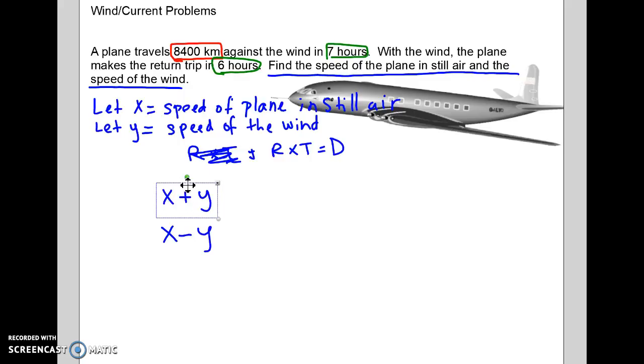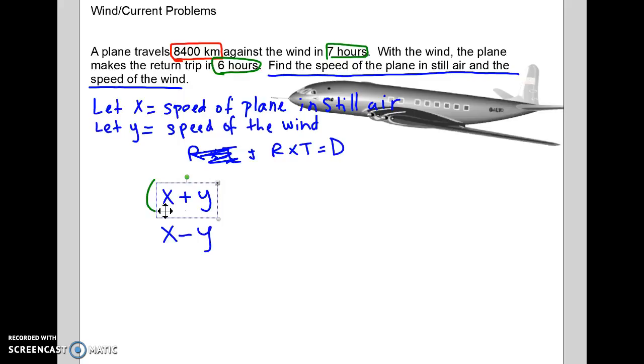So you're going with the wind. The other one takes the wind away, so it pushes down on your speed because you're going against the wind. And when you go against the wind, you go slower, which is why we're subtracting it. When you go with the wind, it helps you, so you go faster, which is why we add it. So if we look at our formula again, we have rate, here's our rate, times time.